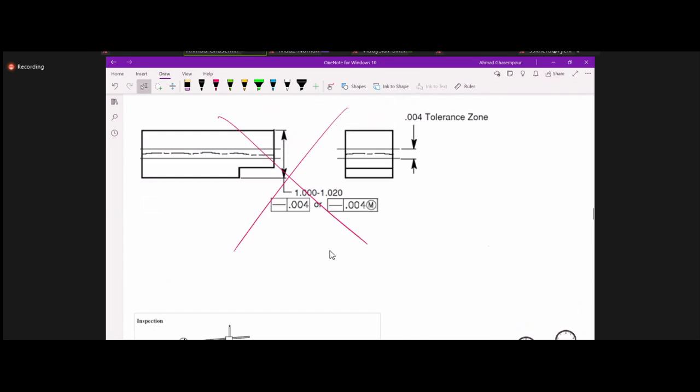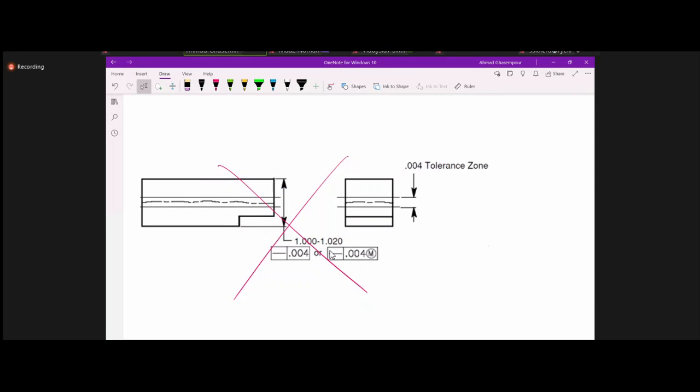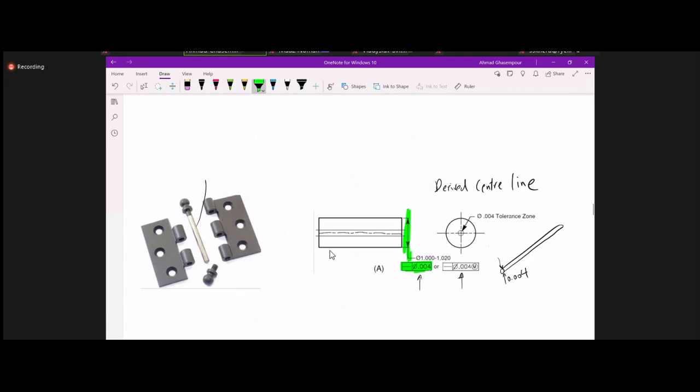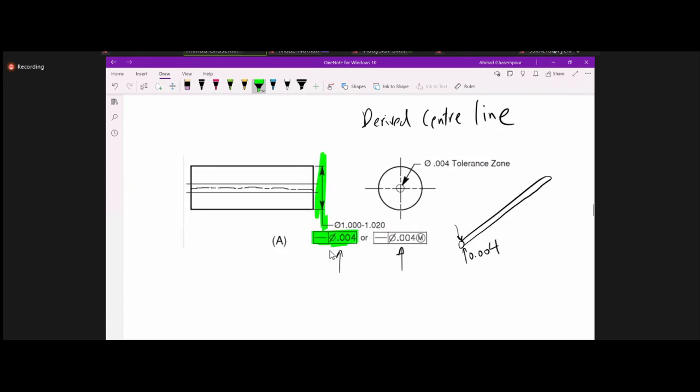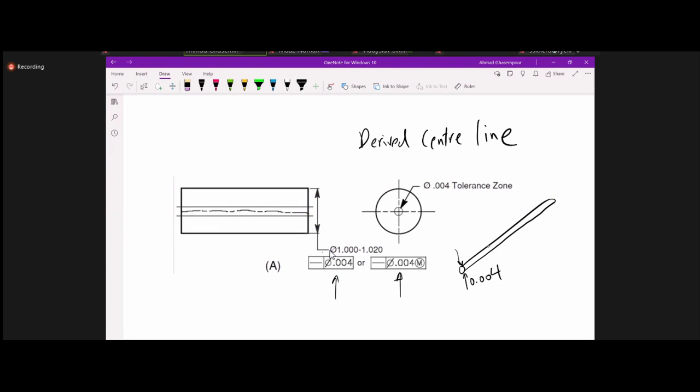Now, as I said, if you have that M there, you can make a gauge. Sorry, not in this one, this is not acceptable. Here, if you have that letter M, you can make a gauge for inspecting straightness. We'll discuss functional gauges after we review all the GD&Ts.